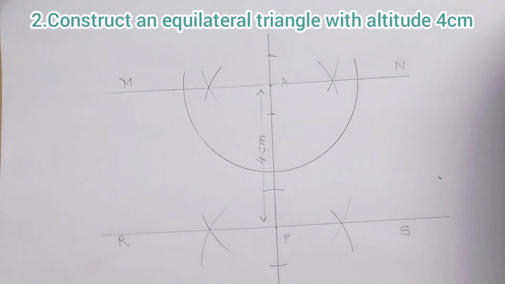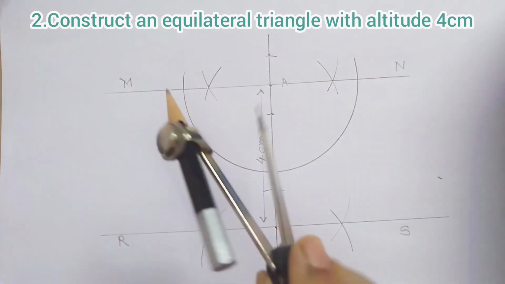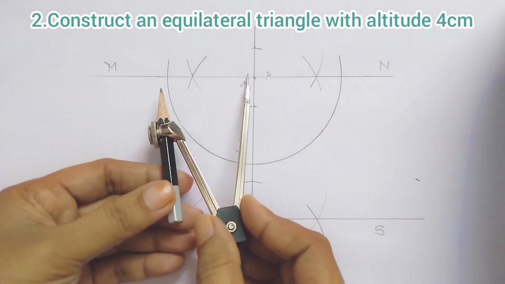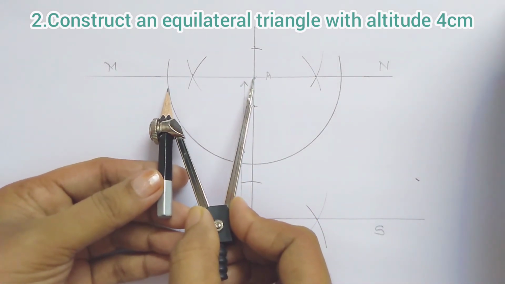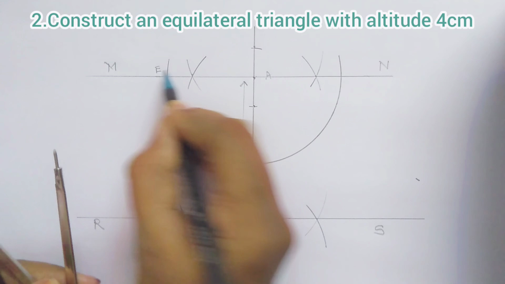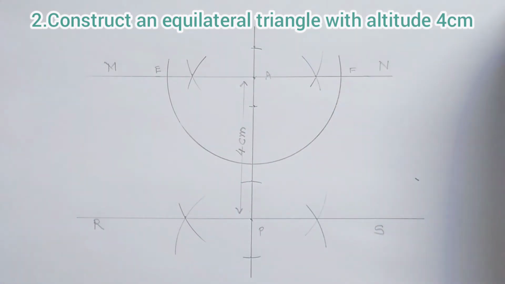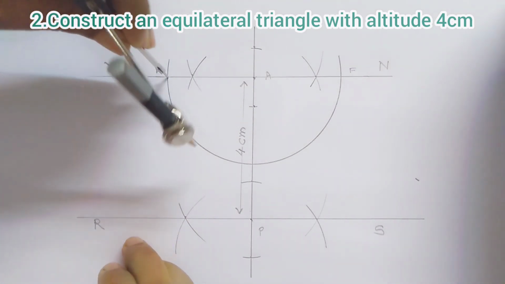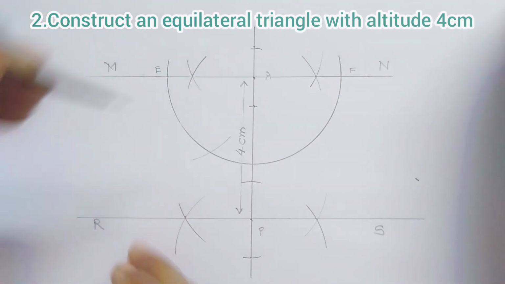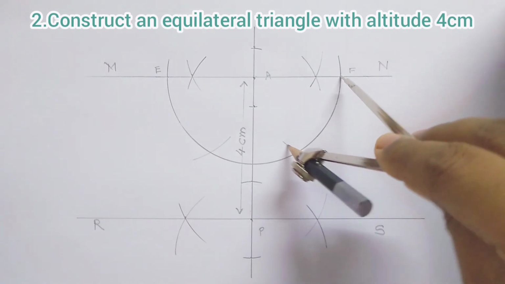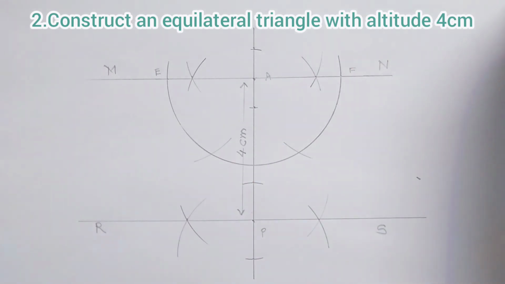Now what is our next step? Our next step is, without changing this distance. So dear student, whatever radius we have taken, the same radius without changing it, the 2 points we got, that is E and F, from the E point I will mark the arc on this semicircle, and the same way I will mark from F. So do you understand, children?